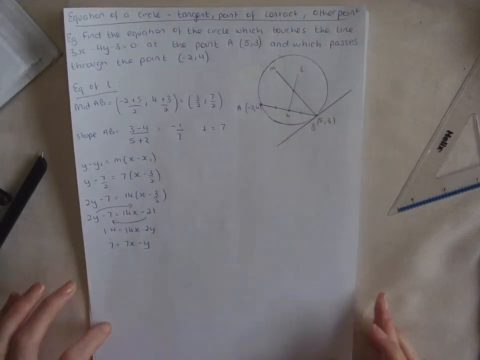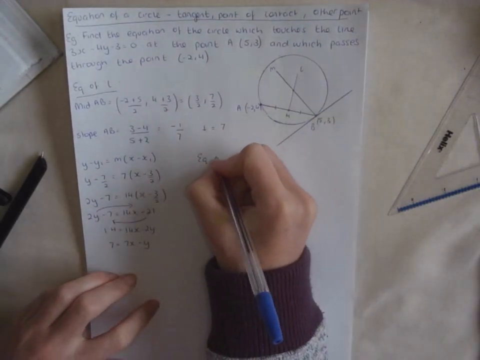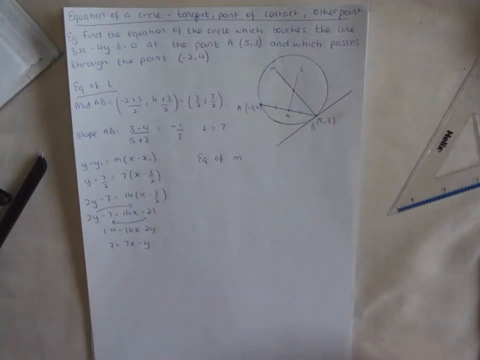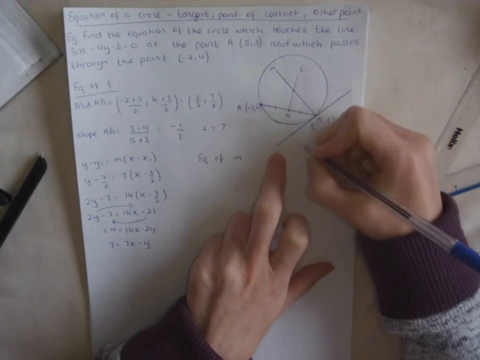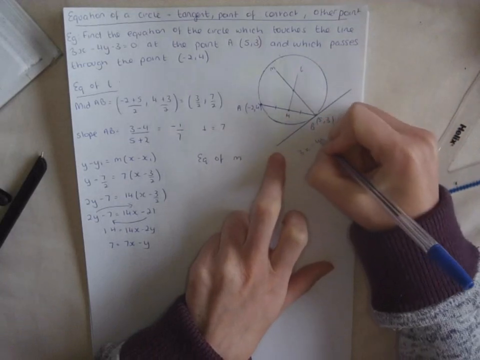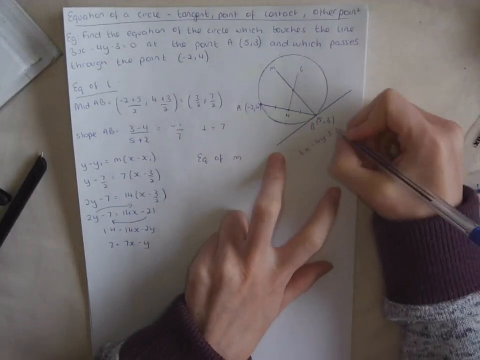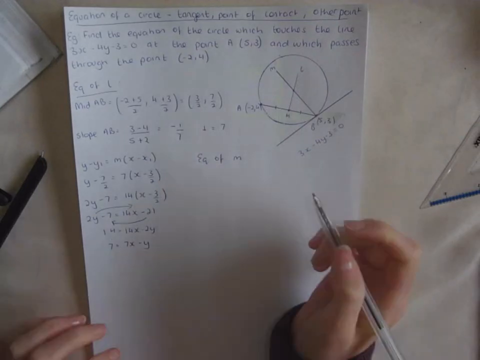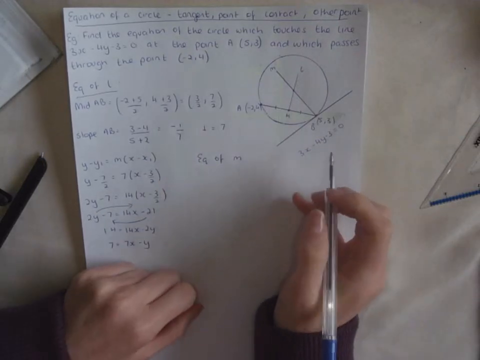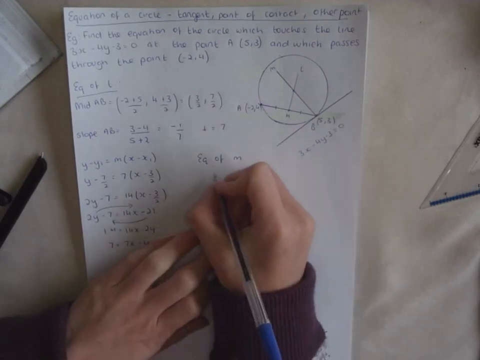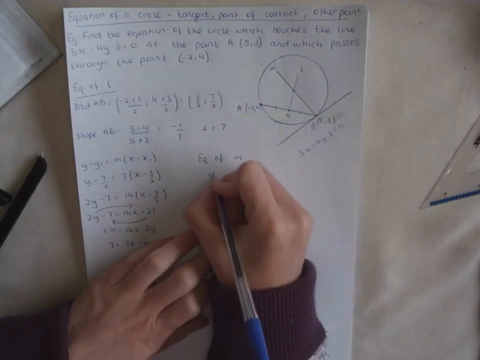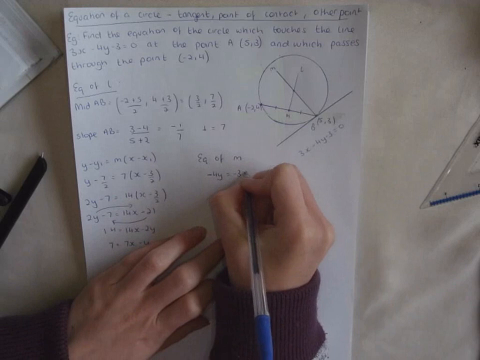Now, I also need to find the equation of M. I know the equation of the tangent is 3x minus 4y minus 3 equals 0. I can get the slope from this. So minus 4y equals minus 3x plus 3.